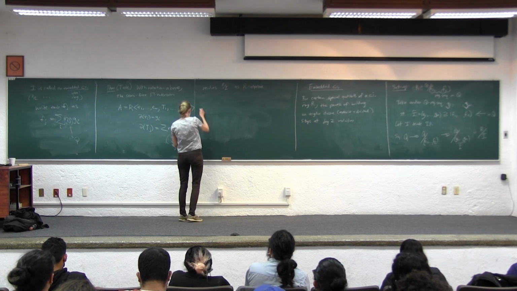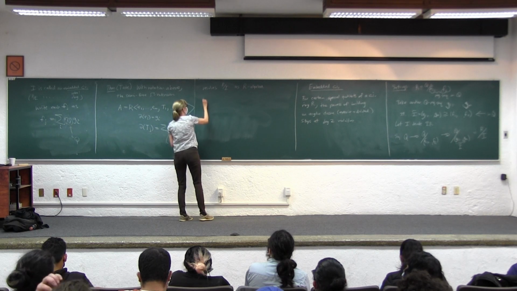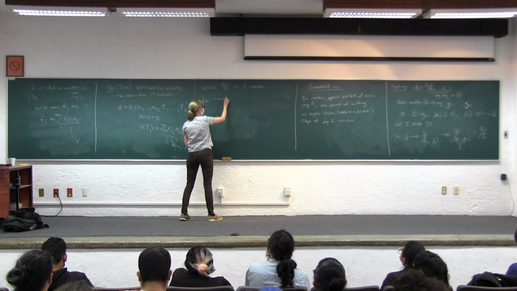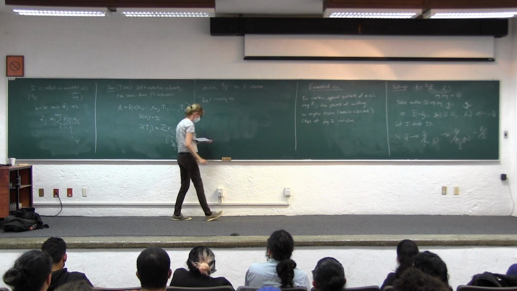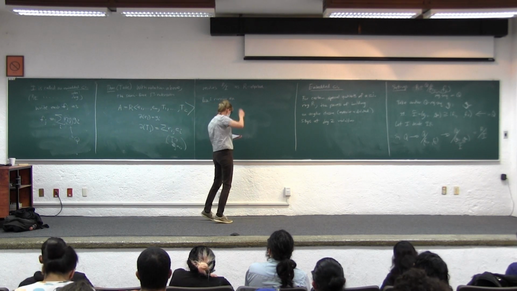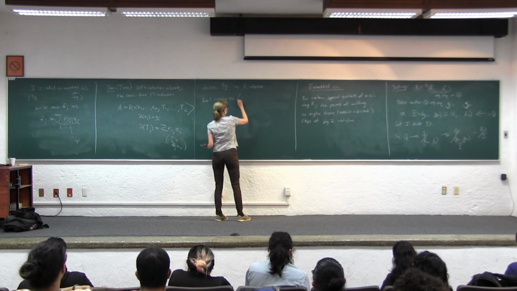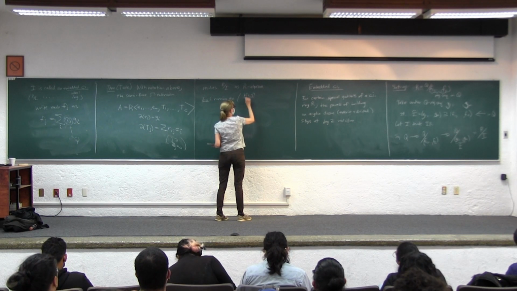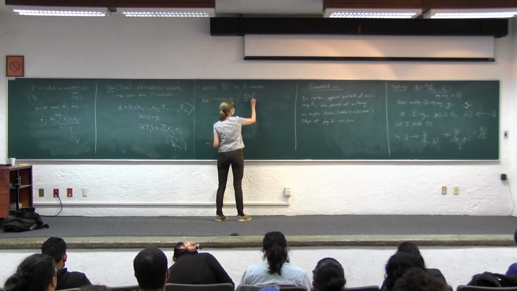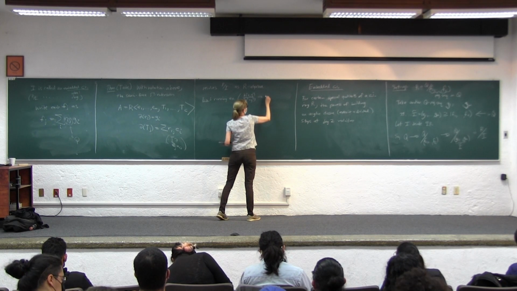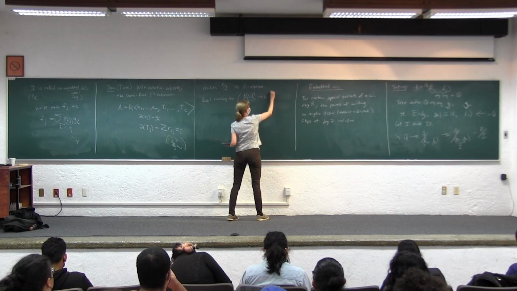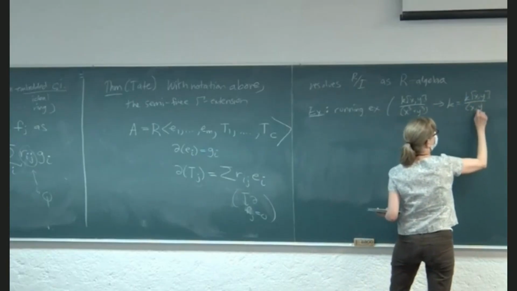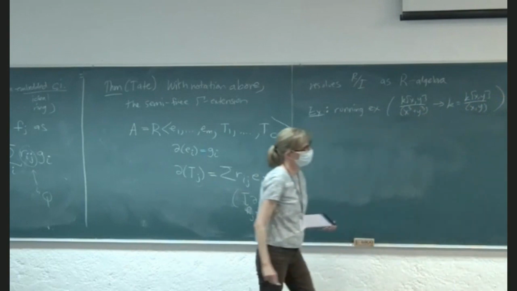Okay, and I'm not going to do any examples, but our running example is exactly like this. Our running example was resolving K[x,y]/(x^3+y^3) onto K, which is really K[x,y] mod (x, y).